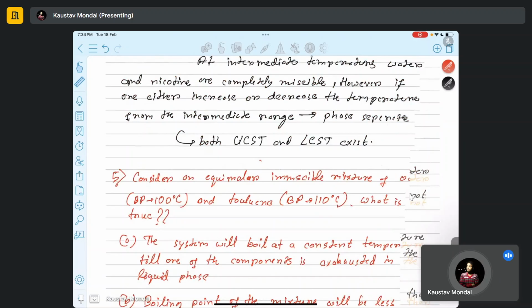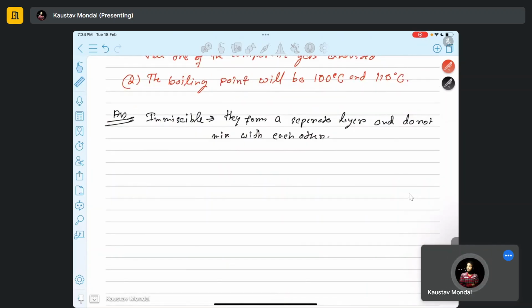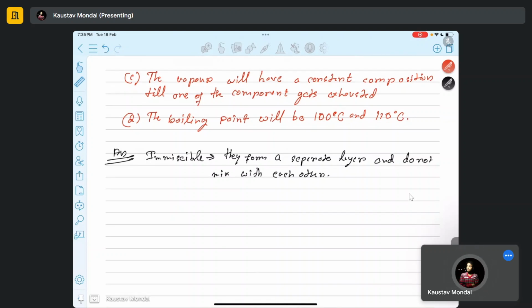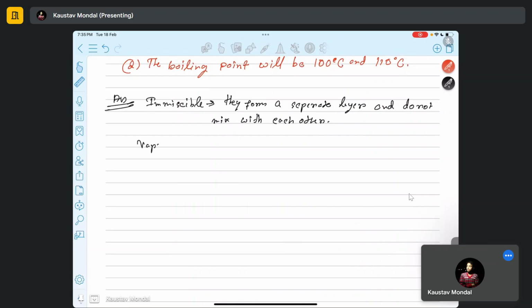But this is only true in the case of an immiscible mixture. In an immiscible mixture, the two liquids have their own independent vapor pressures. So let me just write here: vapor pressure.